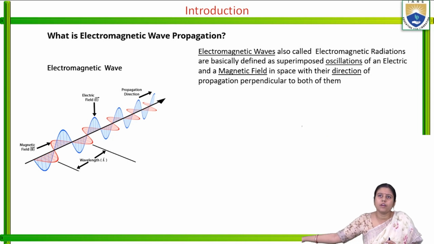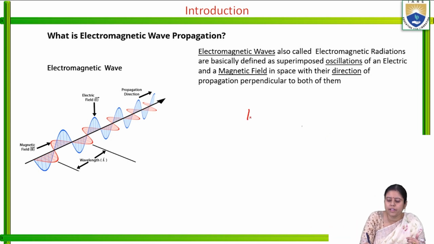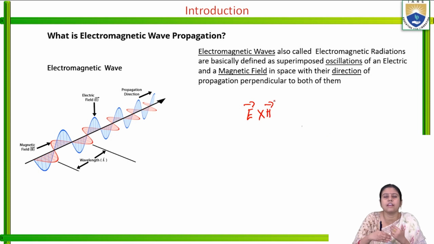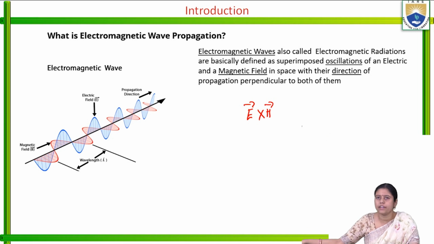So electromagnetic waves are basically defined as the superimposed oscillations of an electric and magnetic field. When both are superimposed, they create a new field. If the electric field is E, it is superimposed on H and it creates a new wave, and this wave is known as the electromagnetic wave.